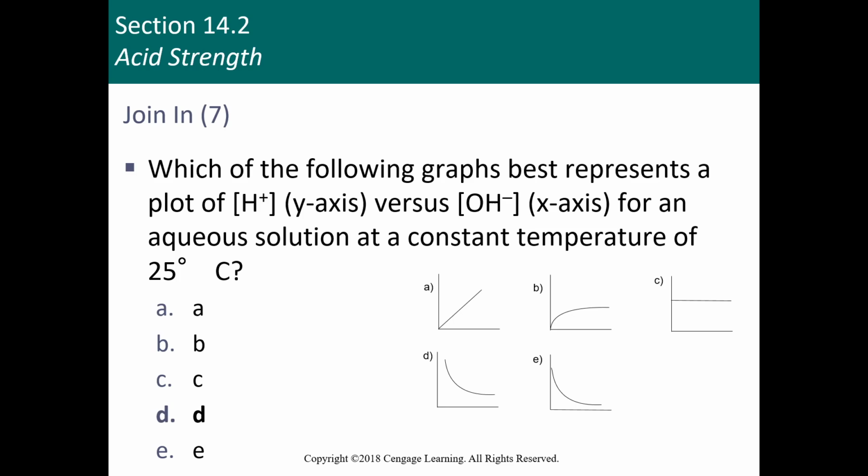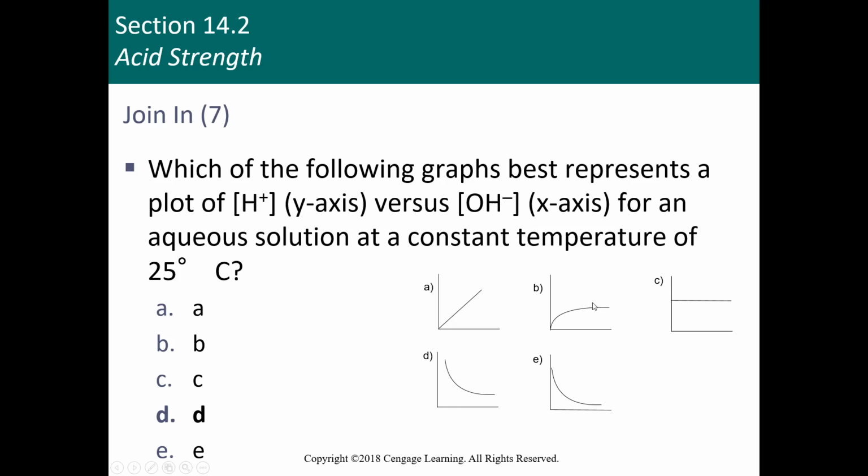Had to go back. Okay, so remember that your H plus and OH minus are always inversely related, right? And so anytime you have a larger amount of H plus, you have to have less OH minus. Anytime you have a lower amount of OH minus, you have to have more H plus. They're always inversely related. And so it has to be D right here, which is inversely related.